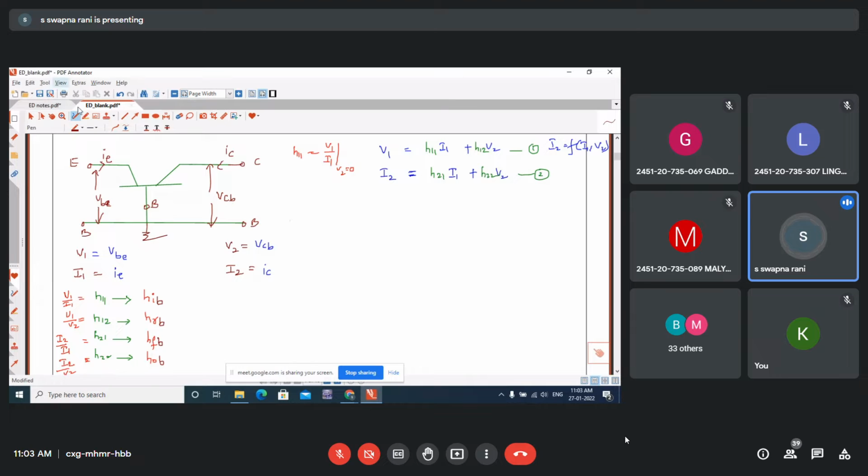Now the same equations, this 1 and 2, are rewritten with respect to common base.